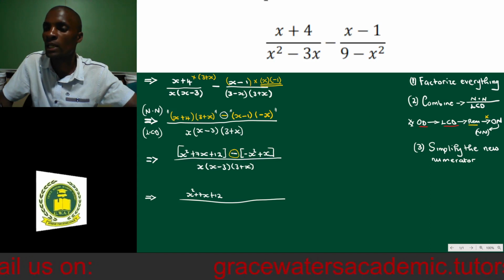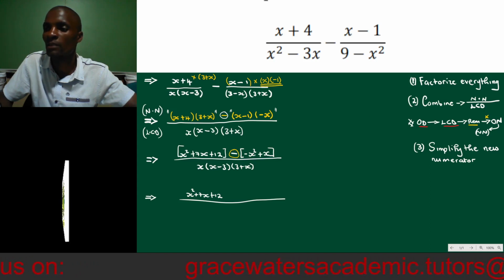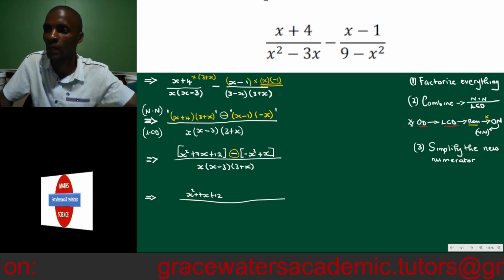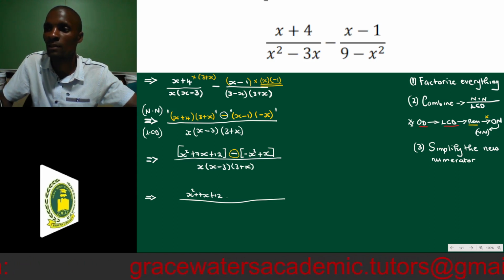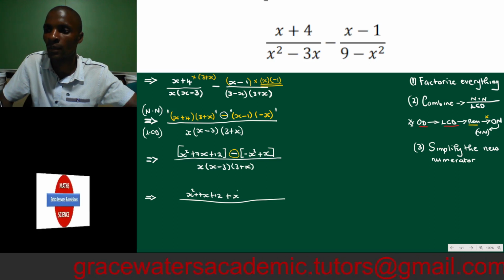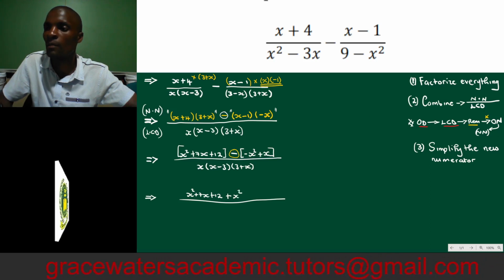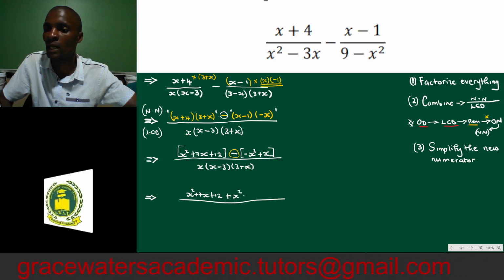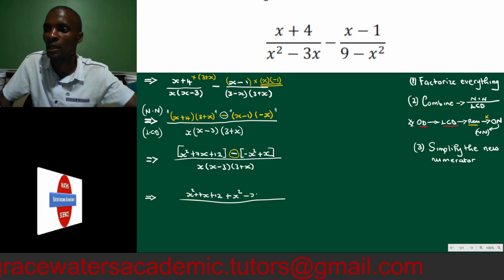Now when we take the minus sign into this bracket, it becomes expansion of brackets again. So minus and minus becomes a plus x squared, and then minus and plus becomes a minus x.